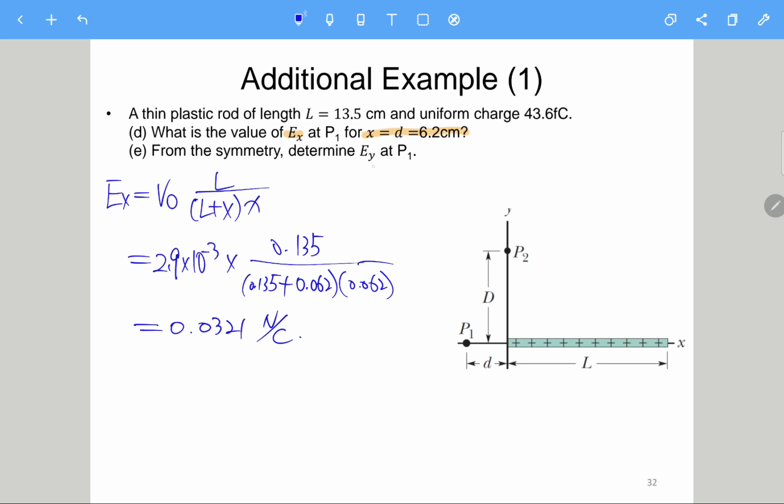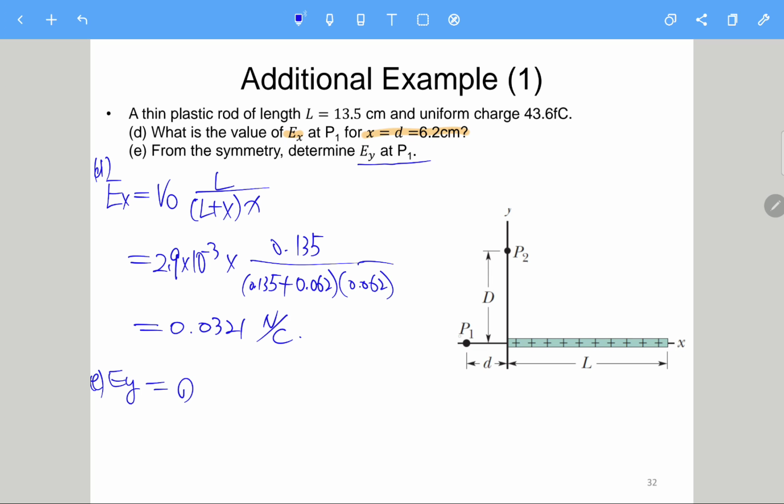And for the symmetry, E sub y, what is E sub y at P1? Of course, E sub y should be 0, due to symmetry.